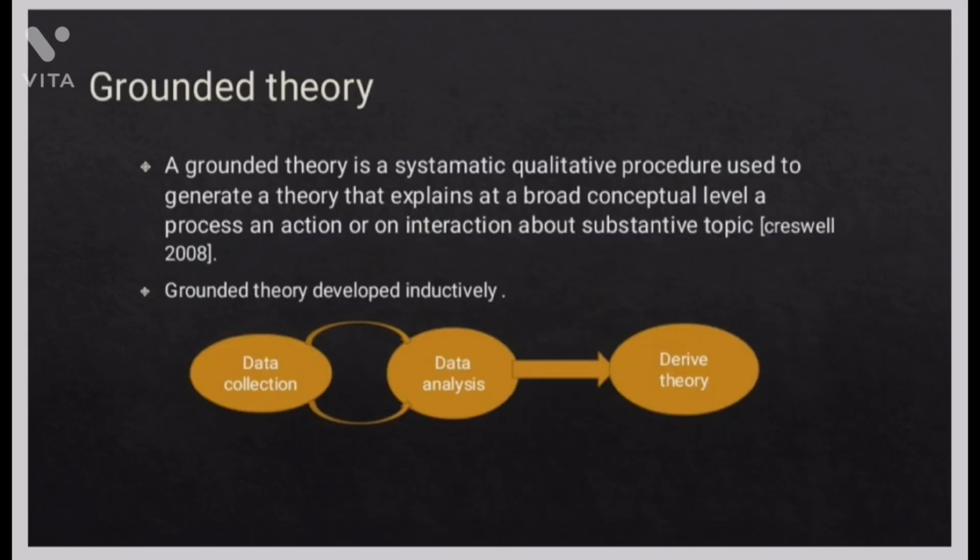Now we're going to talk about what exactly grounded theory is. Grounded theory is a systematic qualitative procedure used to generate a theory that explains, at a broad conceptual level, a process, actions, or interactions about a substantive topic.